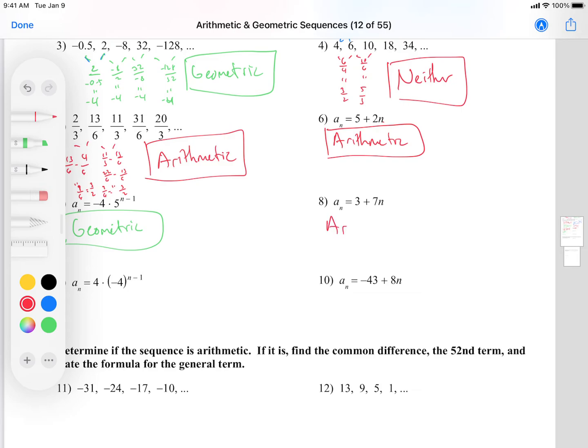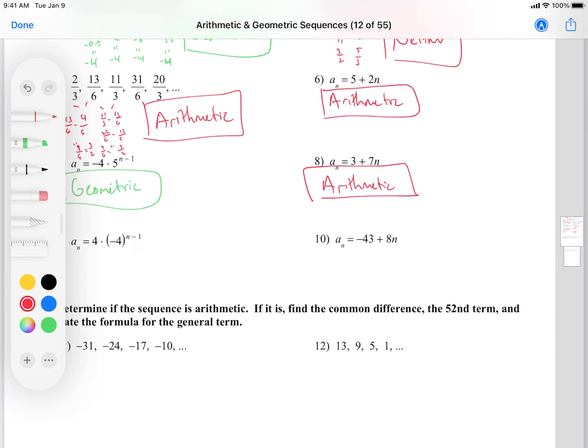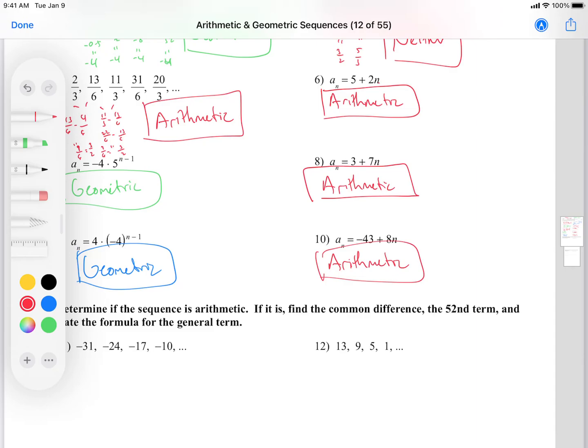Arithmetic. Number 9, geometric. And number 10, arithmetic. I went all crazy with the colors there. I don't know why.